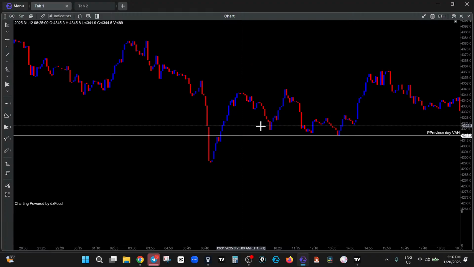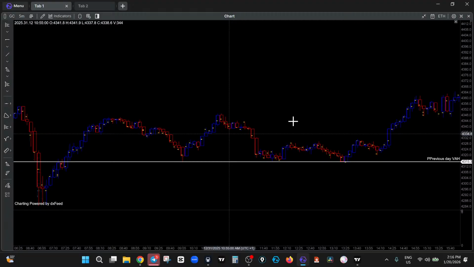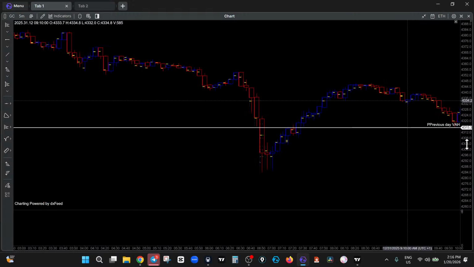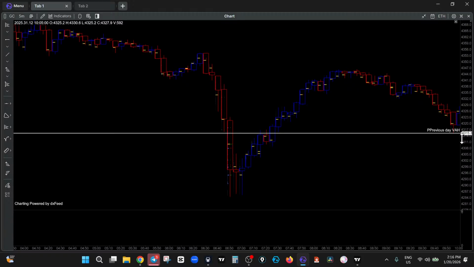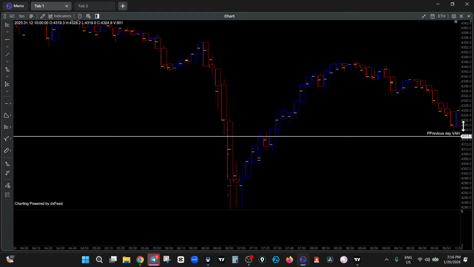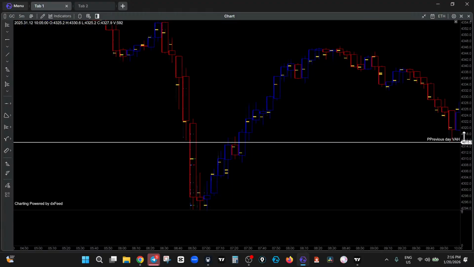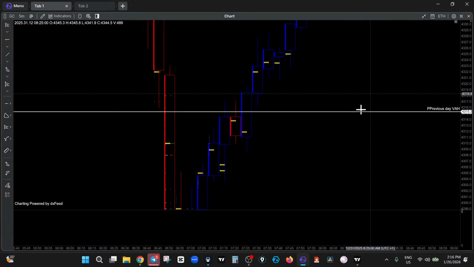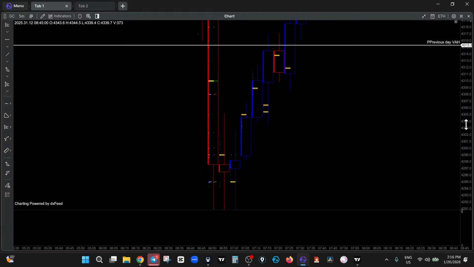So remember, this line is the value area low. And this is on the 5 minutes. So this is where confidence comes in.